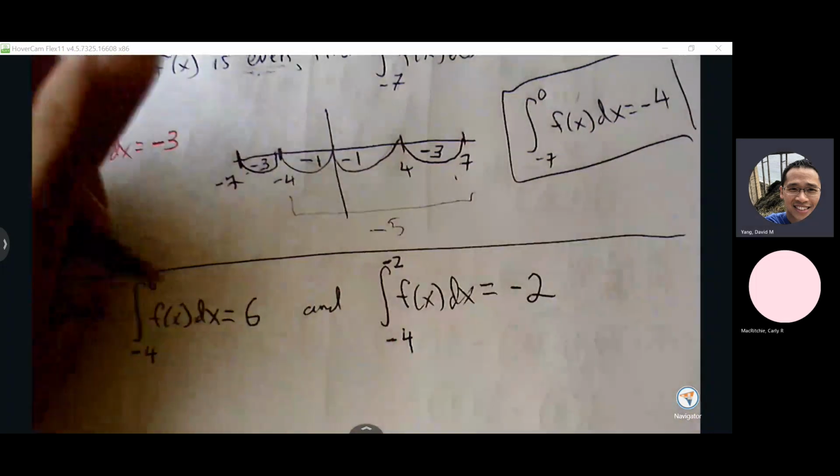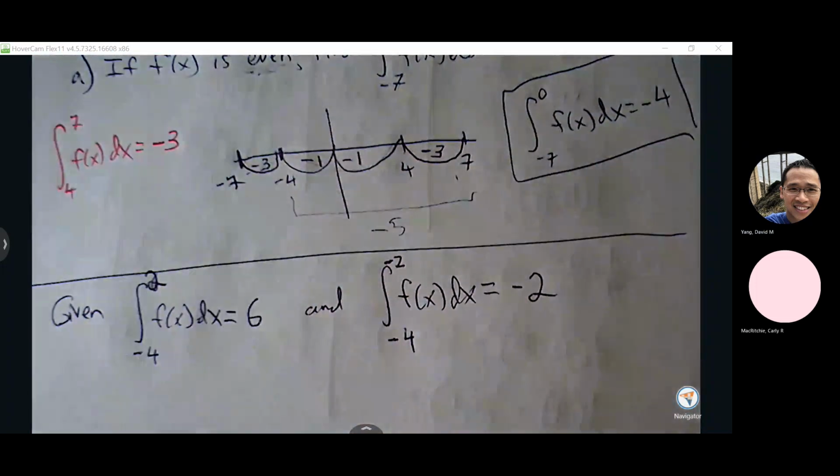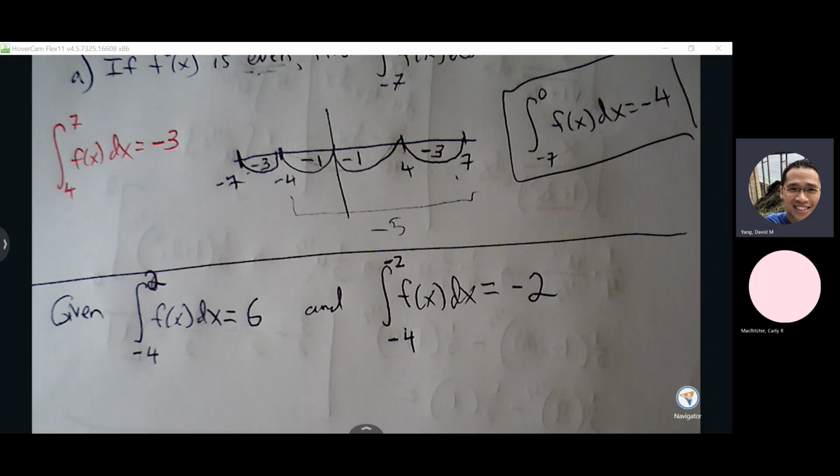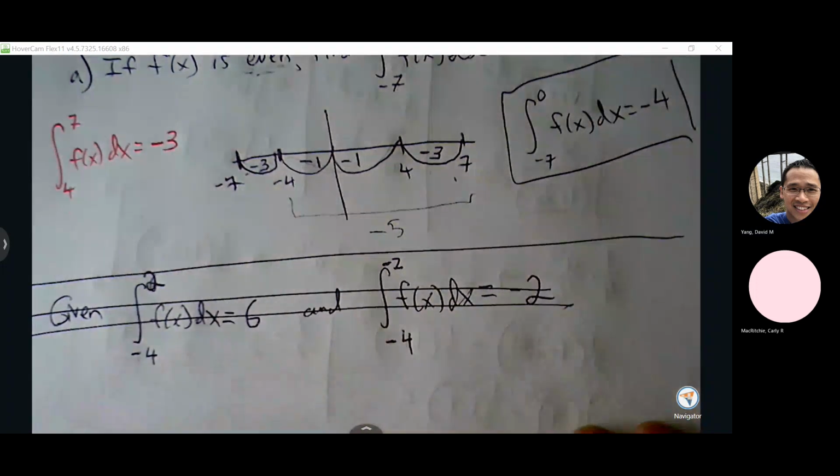Sorry, I need to think about how I create this mirror. Okay, let me redraw this again.